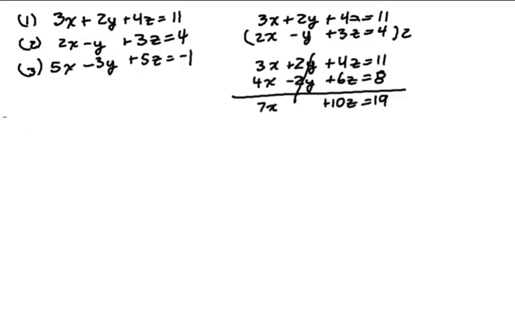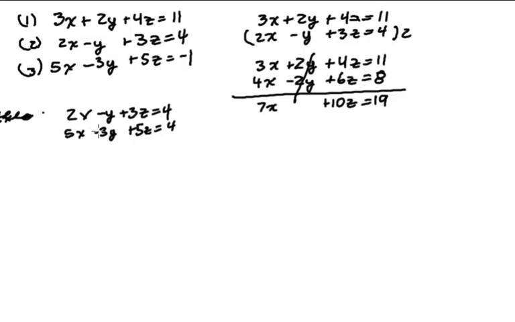So I'll write the second equation, 2x minus y plus 3z equals 4, and 5x minus 3y plus 5z equals 4.